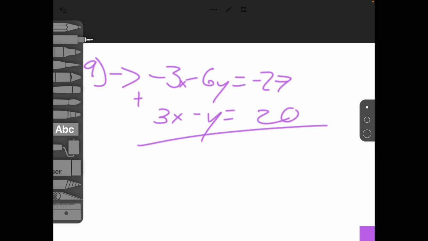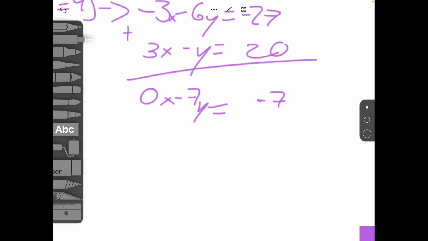So that when we add that, we will have 0x, which is what we want because we're reducing x, and minus 7y equals minus 7.